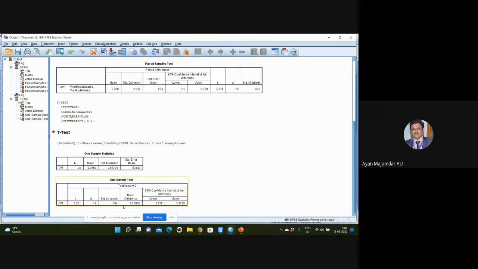Instead of pairing, you get the difference and you can apply the one sample t-test. So it depends on the person which test he will apply. So this is all we have from t-test: one sample t-test, unpaired two sample test, and paired two sample test. Any further discussion on t-test or anything you want to add to this?